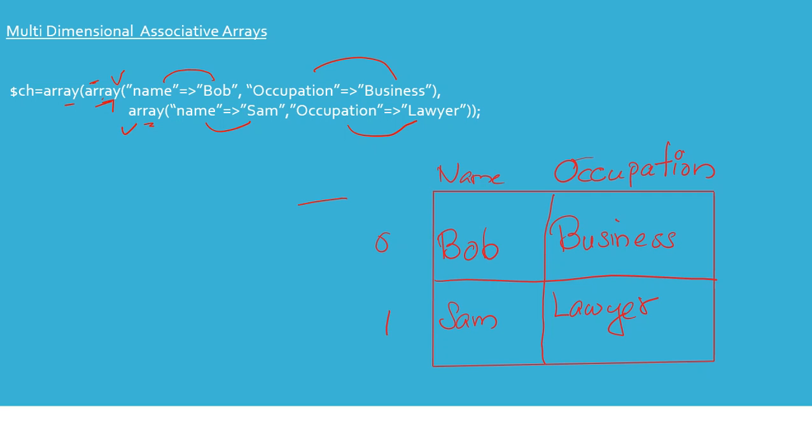There are only two of them, so we have two rows, and for each array function there are two index value pairs, so we have only two columns as well. This is going to be the shape of this array, with two rows and two columns. CH is the name of the array.